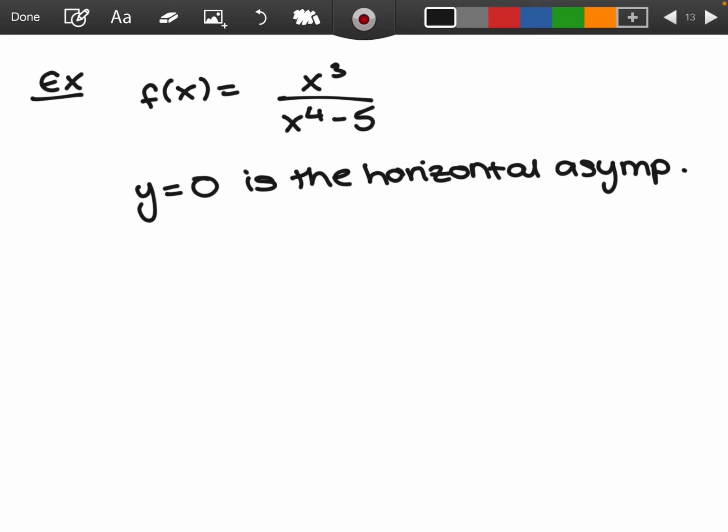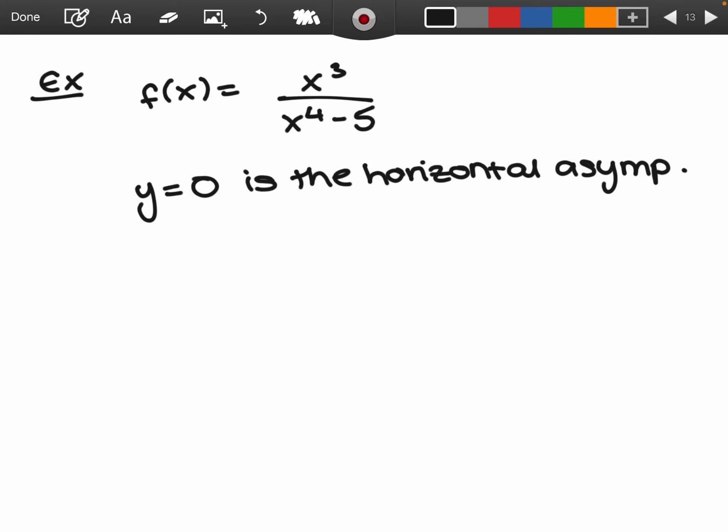A quick example to show you that you may end up with random points where the graph of this function actually touches the horizontal asymptote. Okay, it won't stay on the horizontal asymptote, but it may touch it at random points, which is unlike the vertical asymptotes. You'll actually see here that 0, 0, the origin, actually satisfies this particular equation.